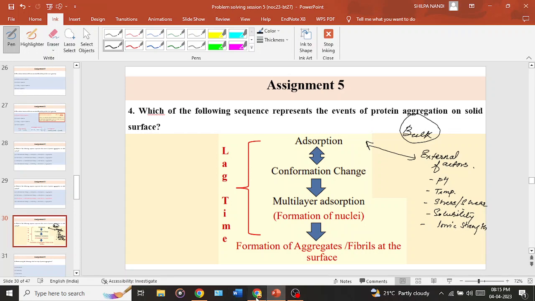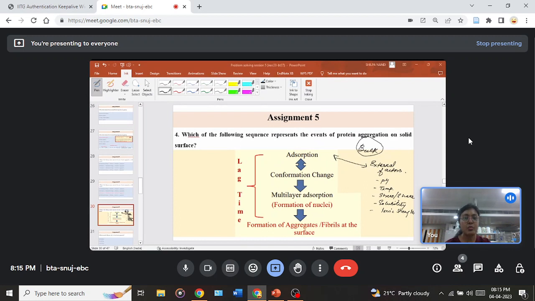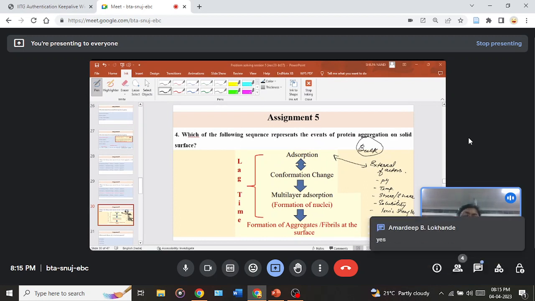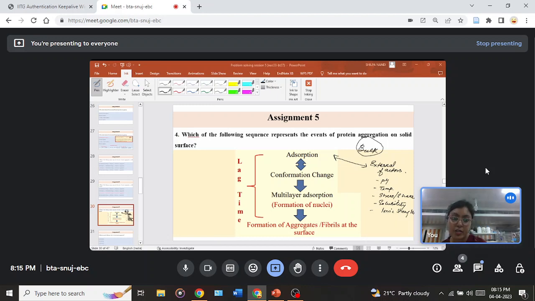Can you see what I am writing? Yes, probably. So in the case of bulk, this particular adsorption will be replaced by various external factors.